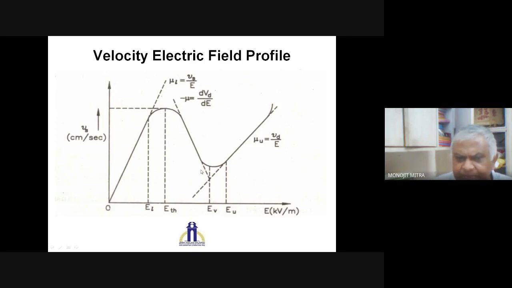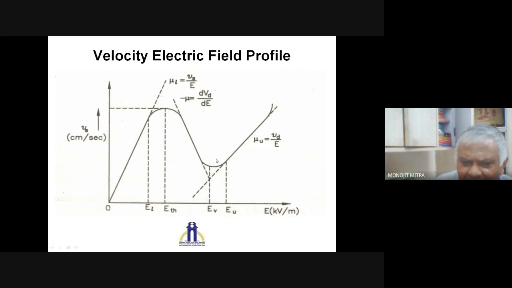Mobility decreases with electric field, and if you look at the graph, you will find some threshold value of electric field where the mobility reaches its peak value. Then it decreases with the electron concentration in the lower valley, and reaches a minimum.